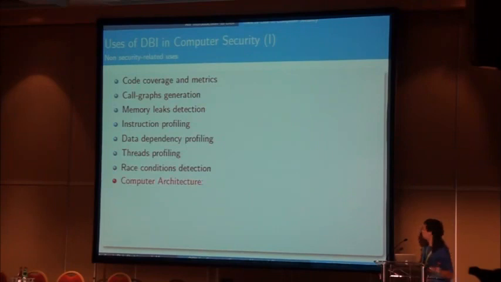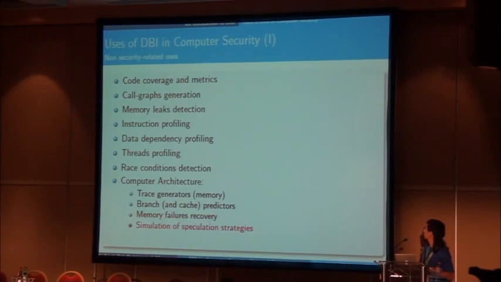Also in computer architecture, if you are more related to this field, DBI is commonly used for generating memory traces, for making branch and cache predictors, for memory failure recovery, and for simulation of speculation strategies. So everything that you need to test or research uses DBI, and so on and so forth.